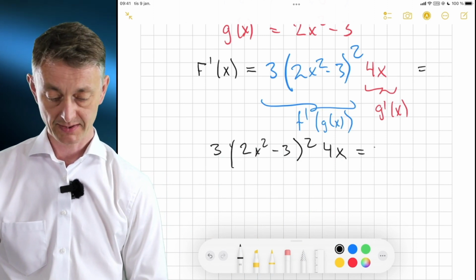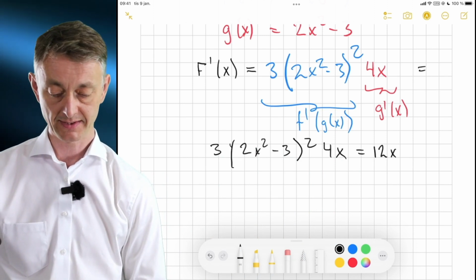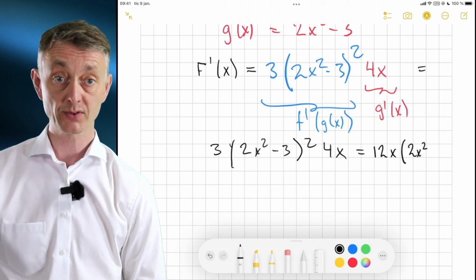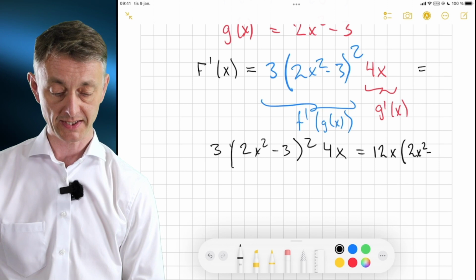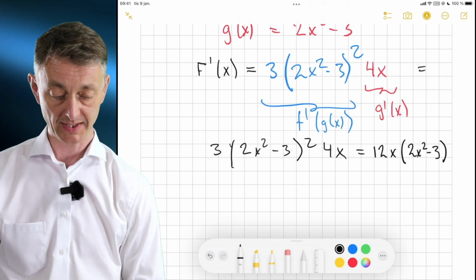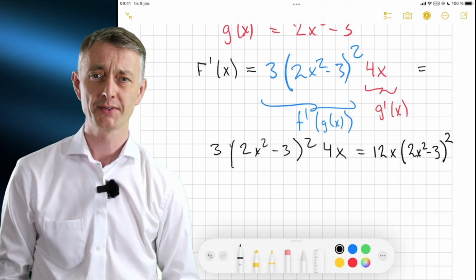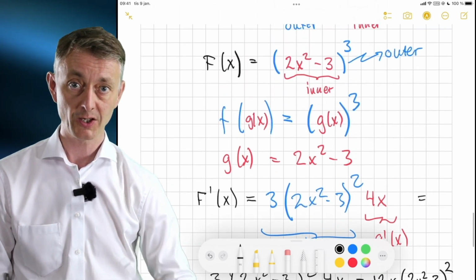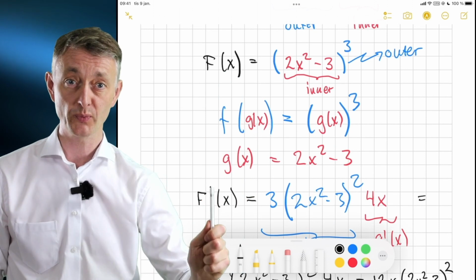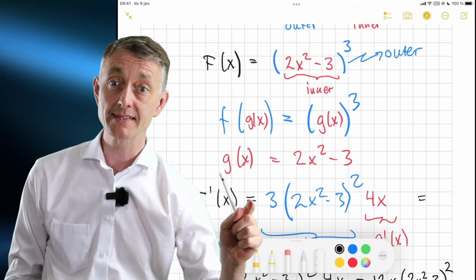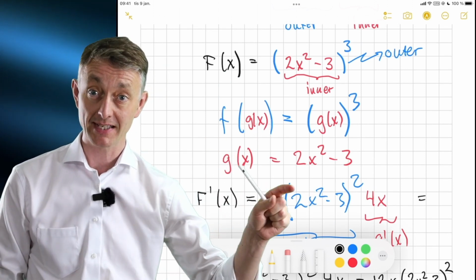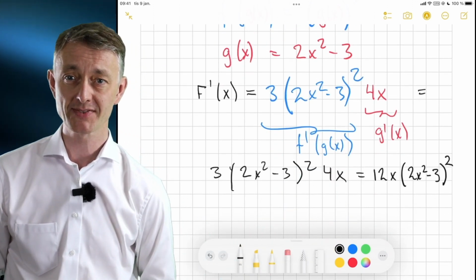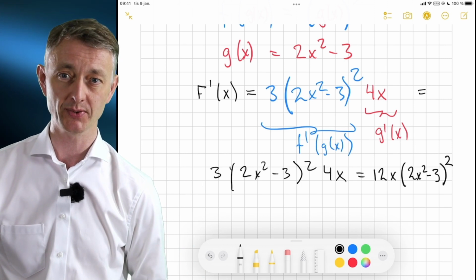So it's 12x times (2x squared minus 3), and this is to the power of 2. So there you have it. That is the derivative of this composite function. And remember that it is the outer derivative times the inner derivative. And here is the answer. So study up on that, and I will see you next time.